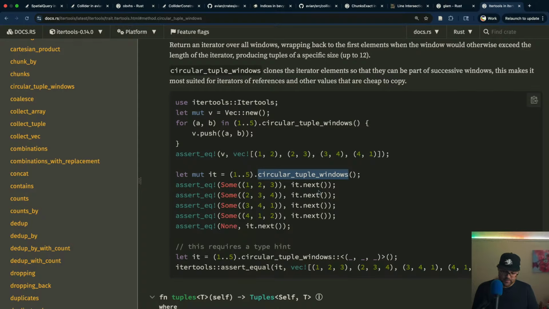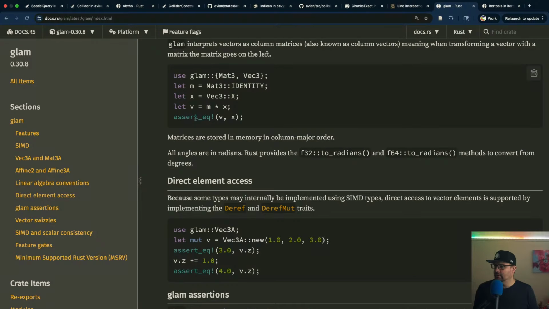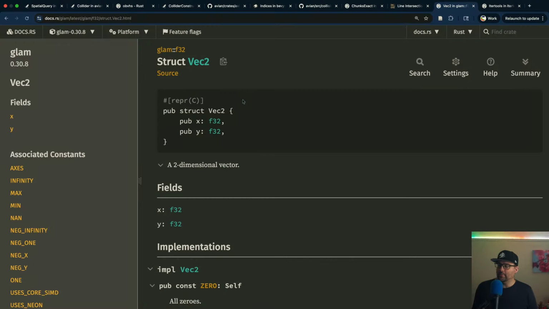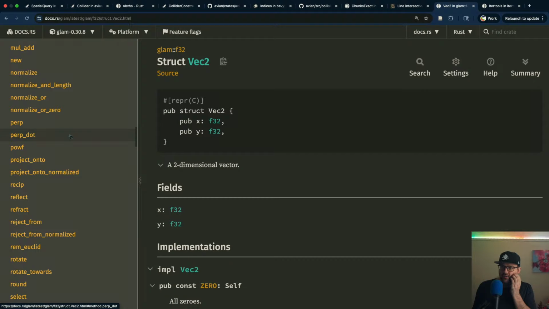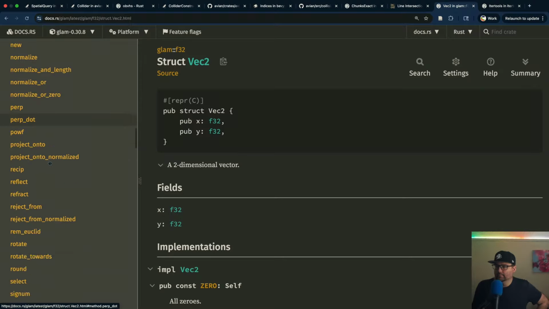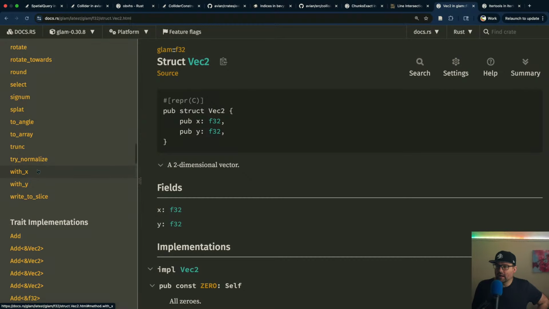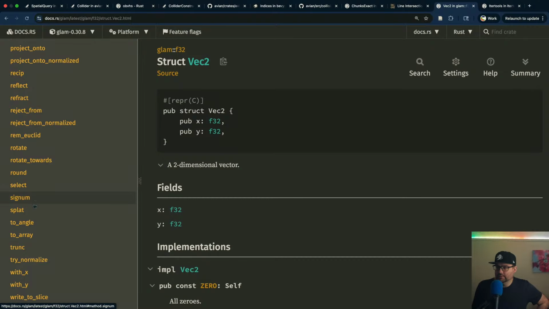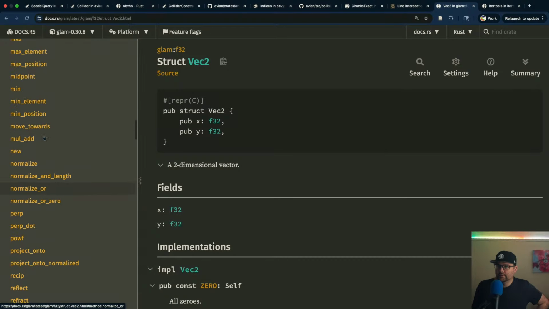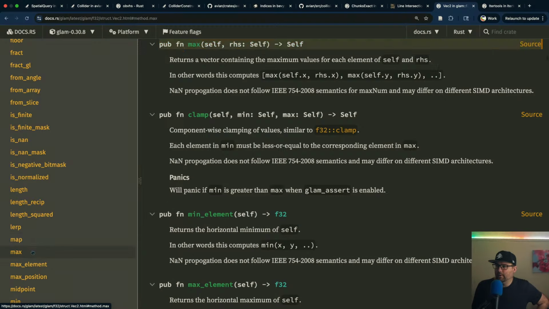Can Glam help us here, or do we have to write this out in a painstakingly manual way? Probably can't help us here, right? Because Glam doesn't have any concept of multiple. Is there any comparison that we can do that makes it easier? It has a couple of fun comparisons. We don't want like min or max, right?